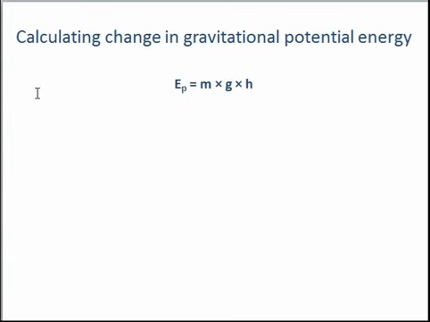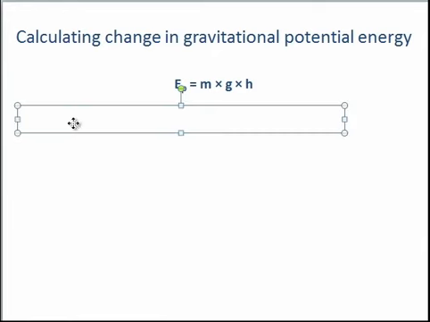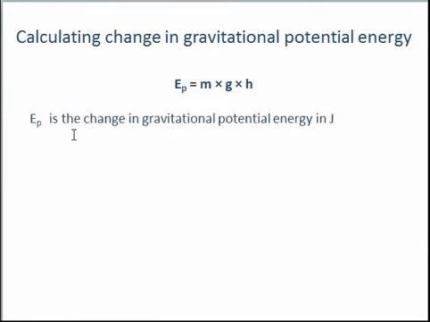So here we have our equation, and I'm going to talk through each term. So EP is the change in gravitational potential energy. So when I say change, I'm talking about if we were to move something from one ledge to a higher ledge, or if something was to fall and eventually it would hit the ground and would no longer have gravitational potential energy.